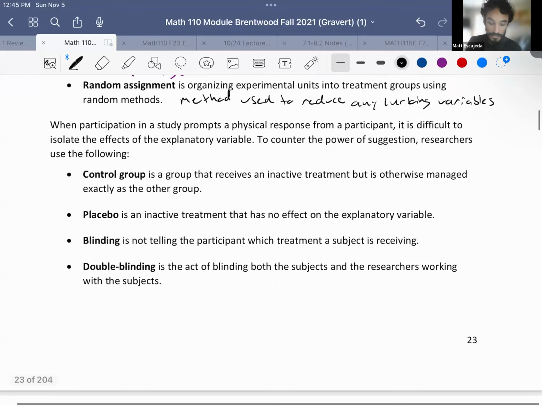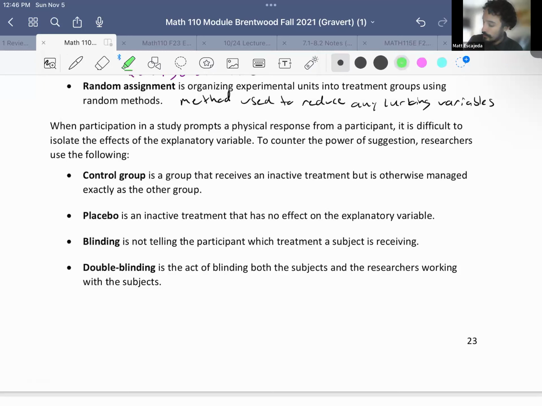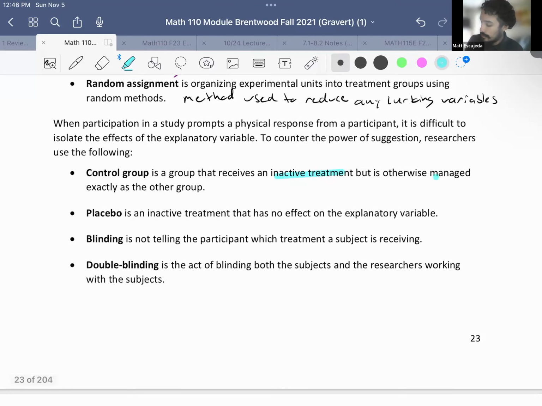Okay, so one is a control group, and a control group is a group that receives an inactive treatment, but is otherwise managed exactly as the other group. Okay, so essentially this is a group that does not get the treatment. It's just not getting the treatment at all.